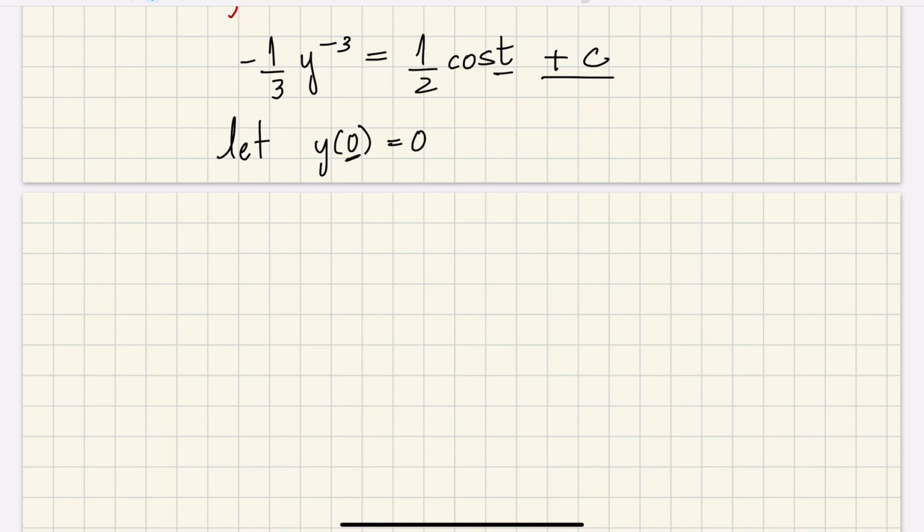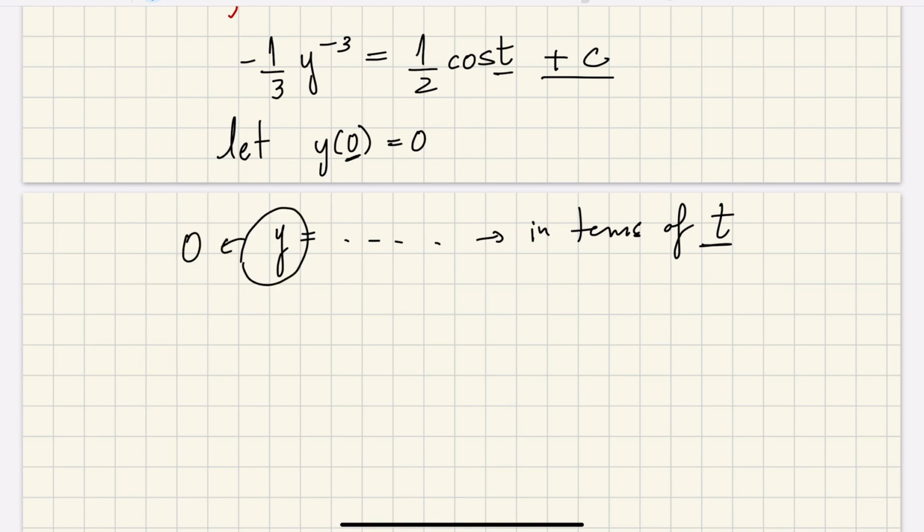So if I had this expression as y is equal to something, something, and this something was in terms of t, then whenever I would put 0 for t, this would come out to be 0 as well. That is what this means. So we can use this without actually solving for y. All we have to do is put in 0 for wherever we see t, and because y comes out to be 0, wherever you see y, put 0.